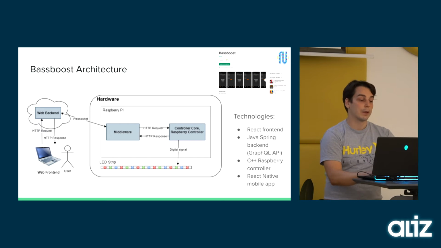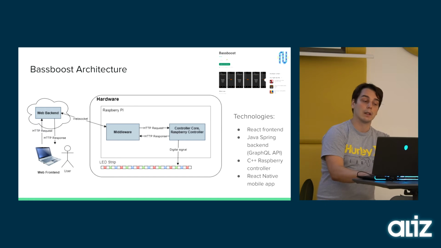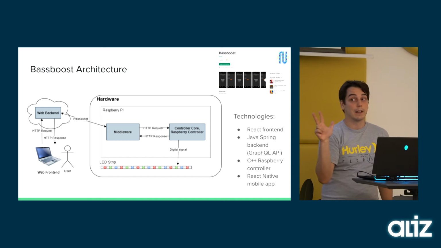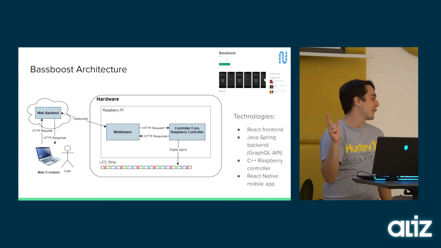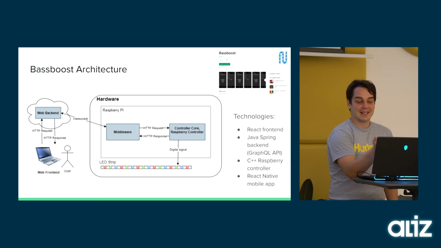And there's a backend and a frontend. The backend is written in Java Spring, and the frontend is written in React. And also, there's a mobile application written in React Native. You cannot see that, but I already have 3 downloads. All 3 of them were me. Yeah, so that's how the architecture looks.